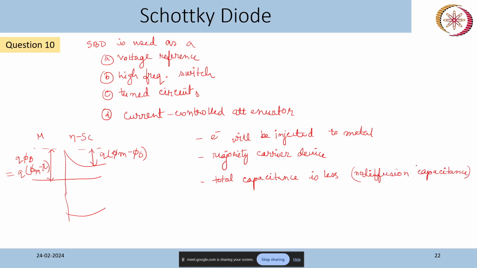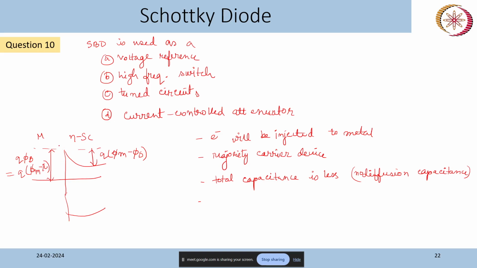Now we know that capacitance is related to delay. Higher the capacitance, higher will be the delay. If the delay is high, the frequency of operation will be less. So here, because it is a majority carrier device and the total capacitance is less, there is no diffusion capacitance like we have in a PN junction diode.